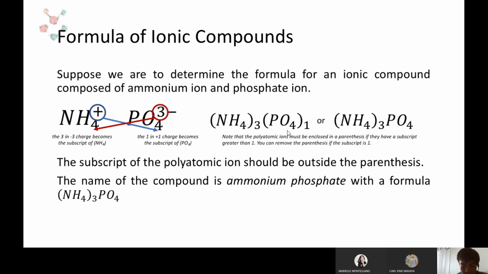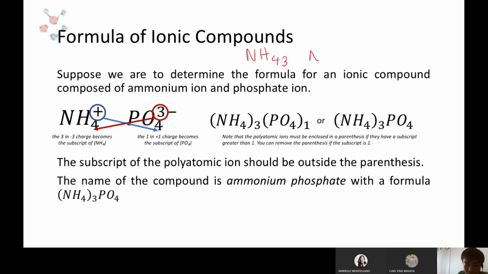Pag polyatomic ion, anong gagawin nyo? Maglagay kayo ng parenthesis. Yung charge na 3 ni phosphate, yung 3 dyan, yun yung magiging subscript ng buong NH4. Hindi pwede yung NH4 3.